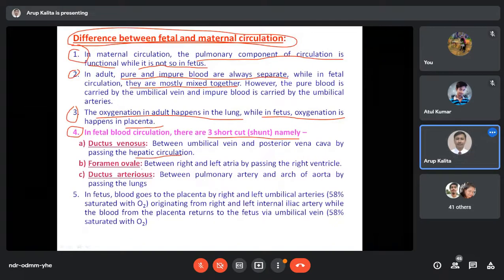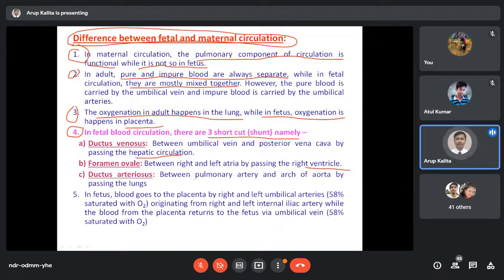Foramen ovale, between the right and left atria, bypassing the right ventricle. Ductus arteriosus, between the pulmonary artery and the arch of aorta, bypassing the lungs. But in the adult, there are no shortcuts.